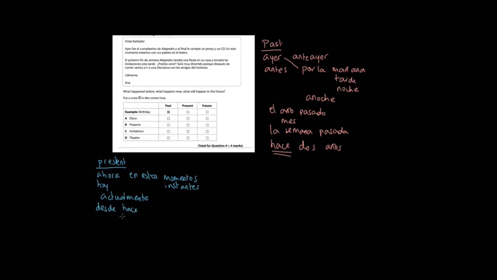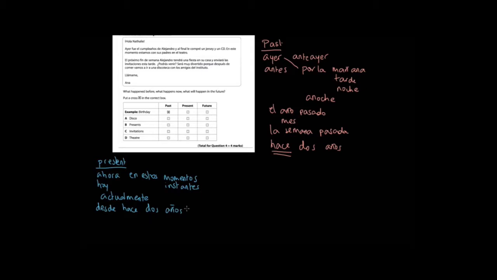And also be careful with the expressions like desde hace, okay? Desde hace tells you for how long something has been happening, okay? So for example, remember here we've got hace 2 años, which means 2 years ago. Desde hace is for how long. So if I say desde hace 2 años, this is for 2 years. Something has been happening, something has been the case for 2 years, okay? So this could point you to something in the present.